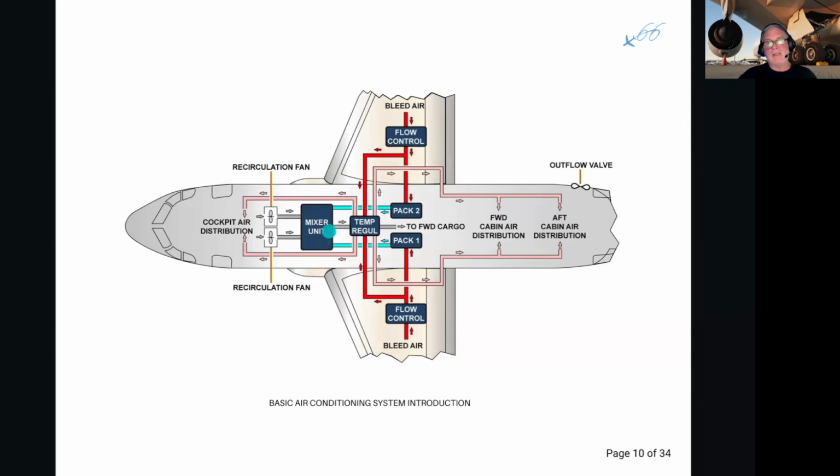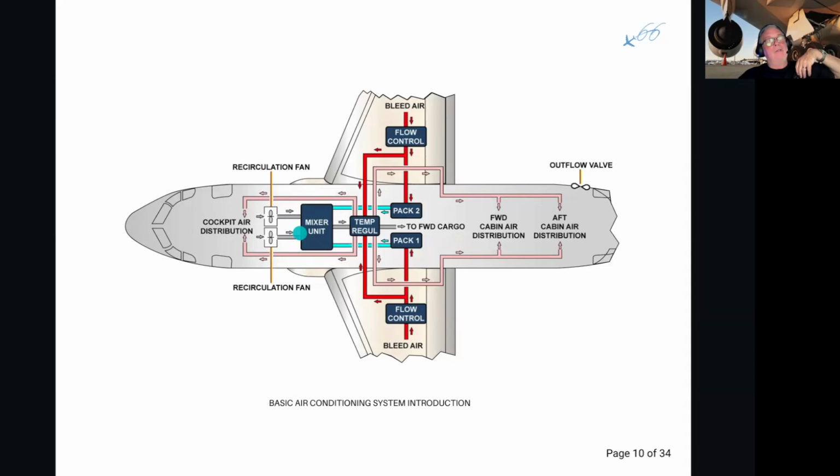So this mixing unit here takes this cold air, and we add a little bit of hot air to the freezing cold air to temperature regulate it to the temperature the pilot has selected in the cockpit. It all happens automatically in this mixer unit.